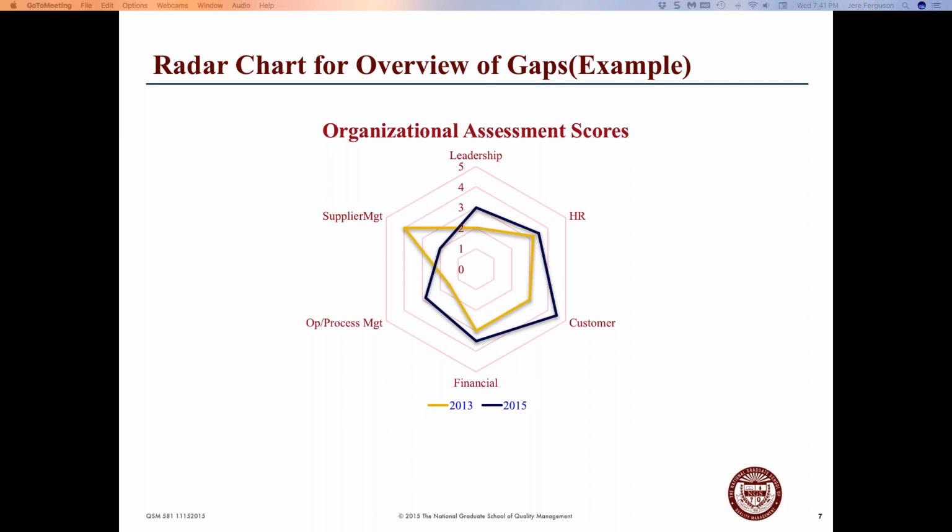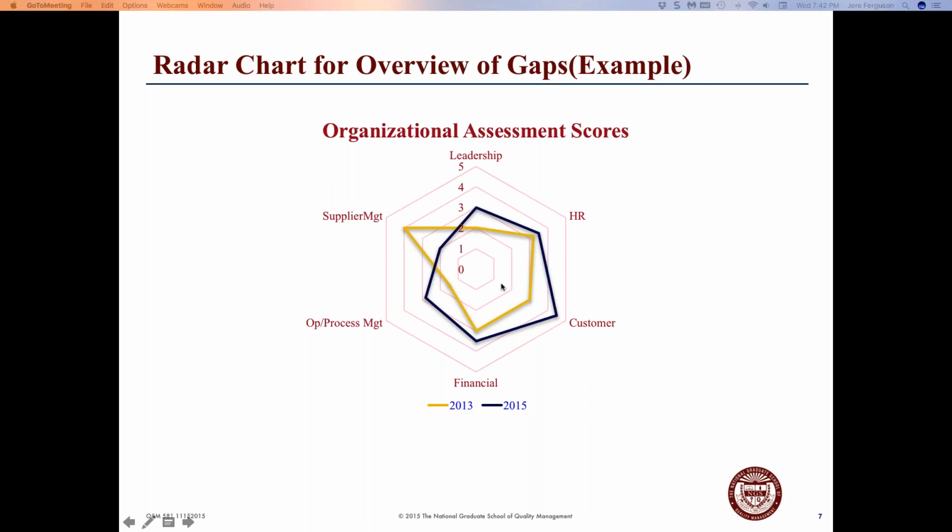2 years later in 15, they had moved out to a 3. So whatever this scale represents, they've made an improvement of 1/5 of that score in the area of leadership. And you read that the same way going all the way around these various parameters. There's several things that this type of charting shows, besides just showing the sheer scores that are prevalent in this company.